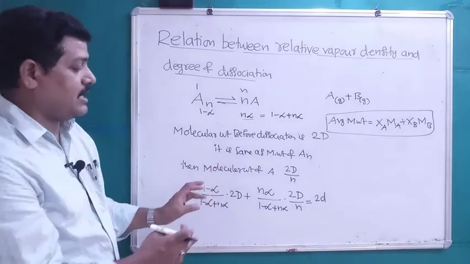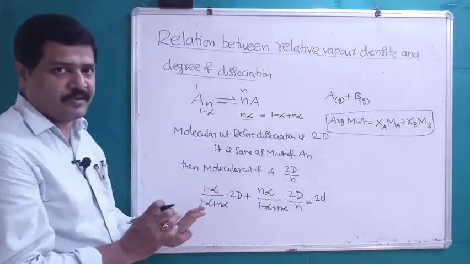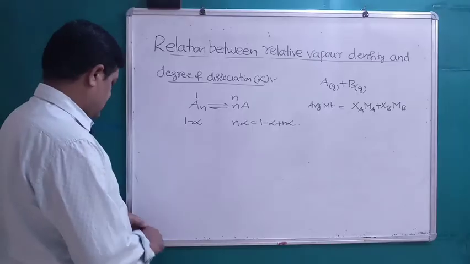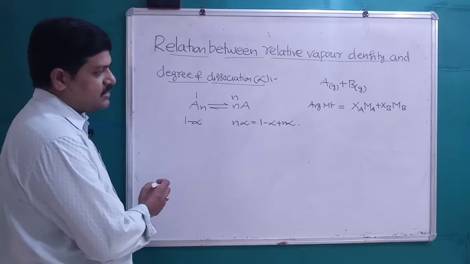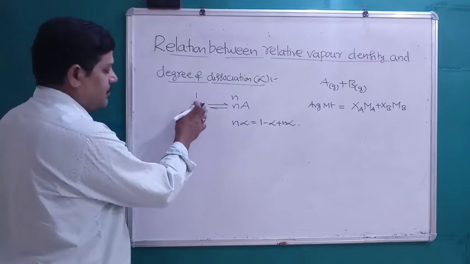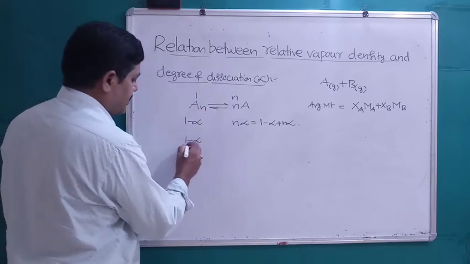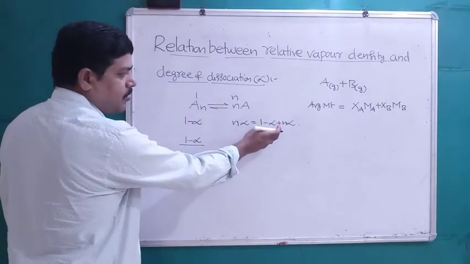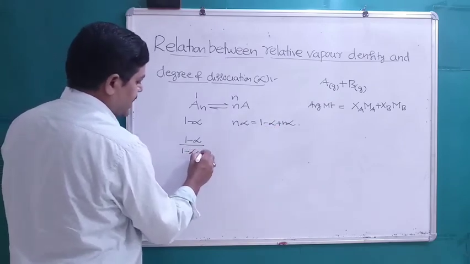Let us equate and find the expression for alpha. Students, the average molecular weight of the gaseous mixture at equilibrium is the number of moles of AN, 1 minus alpha, divided by the total number of moles at equilibrium, 1 minus alpha plus n alpha.